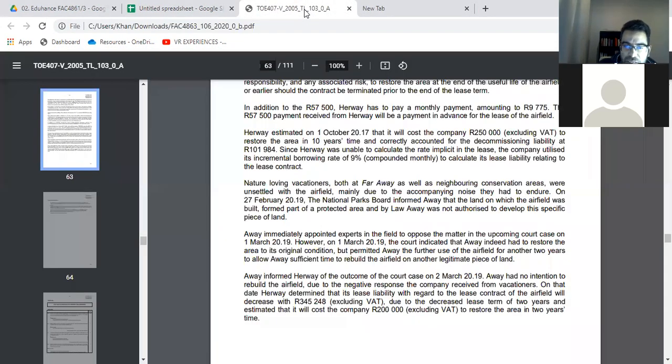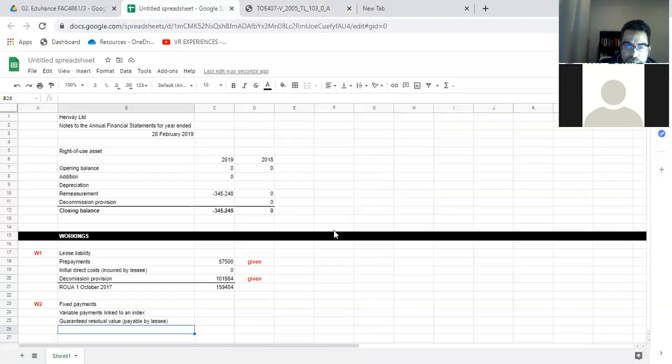Then it's going to be any termination. What was that? Then it's going to be purchase option, and then any penalties for early termination. Okay, so purchase option, amount, penalty for early termination.